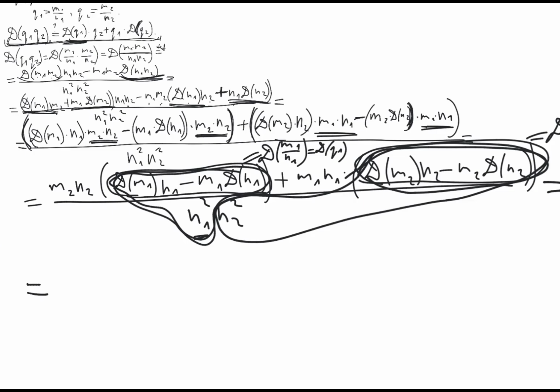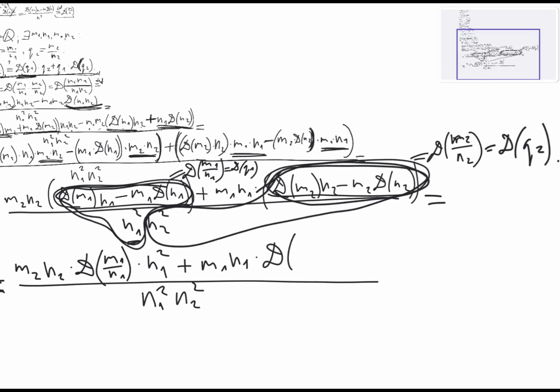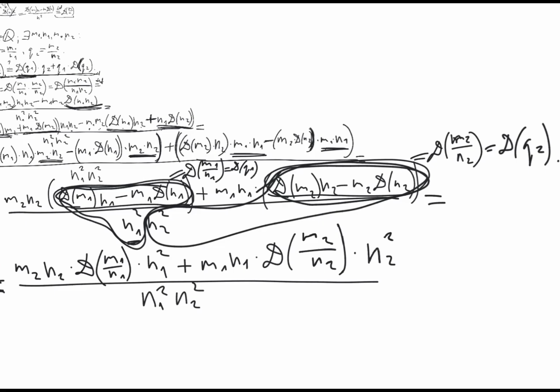So this is equal to m2 n2 multiplied by d of m1 over n1 multiplied by n1 squared, so that we keep for now the denominator n1 squared and n2 squared, right, plus m1 n1 multiplied by d of m2 over n2 multiplied by n2 squared.